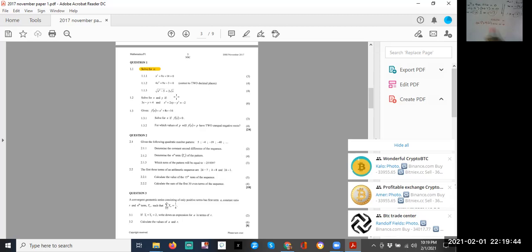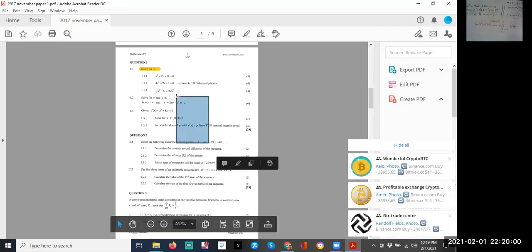Then plus 9 multiplied by minus 2, that is minus 18. Then plus 14. This plus that gives you 18 minus 18, and that gives you 0. So we are correct.